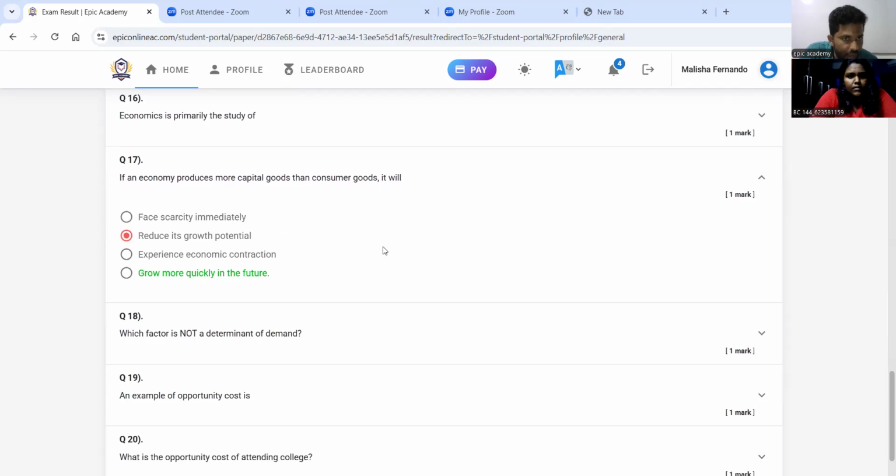Right. If an economy produces more capital goods than consumer goods: capital goods mean machineries, equipment, buildings, something like that.